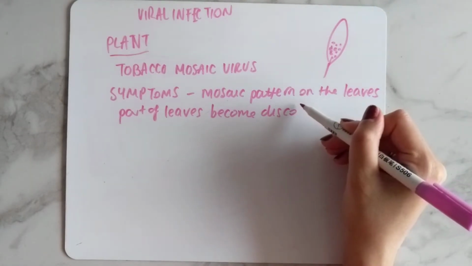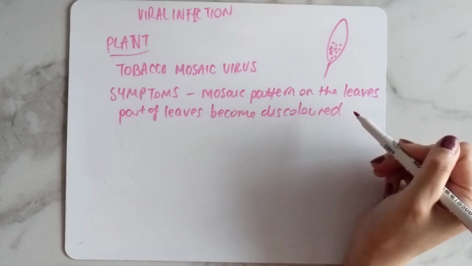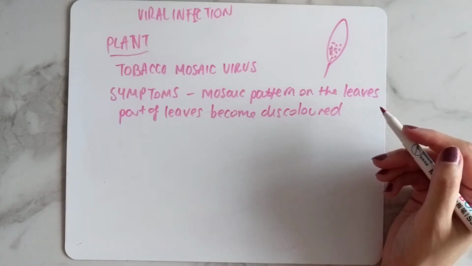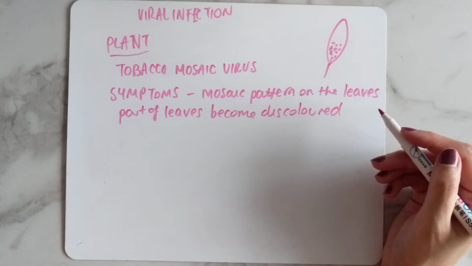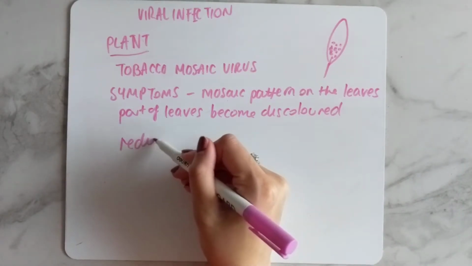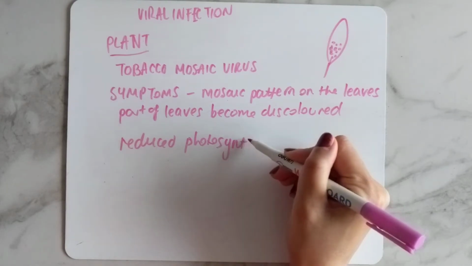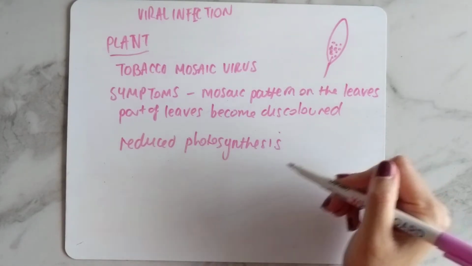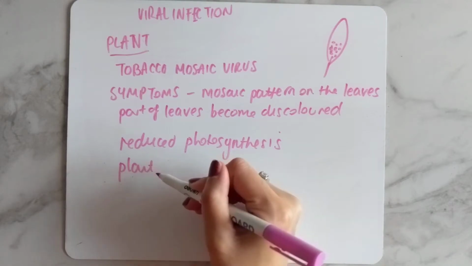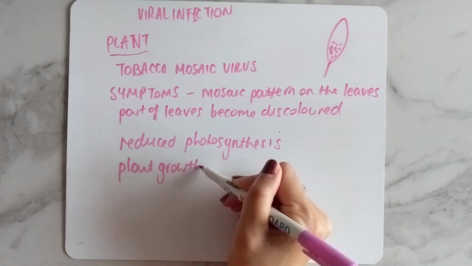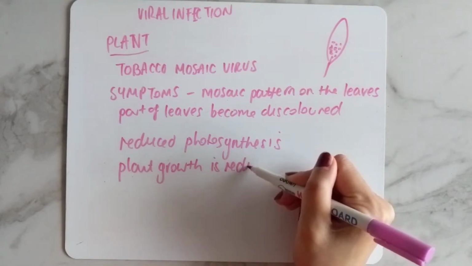So if the leaf is becoming discoloured, it means the chloroplasts or chlorophyll are being damaged, so therefore you have reduced photosynthesis. And plant growth is affected, or plant growth is reduced.